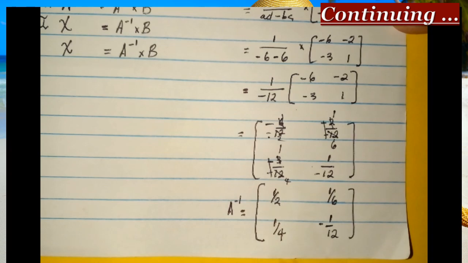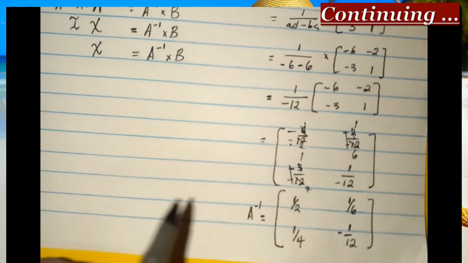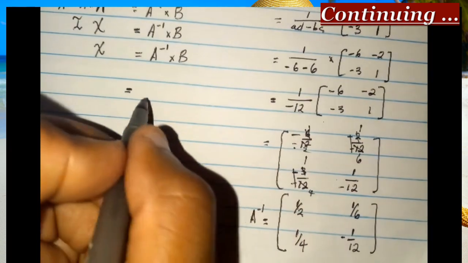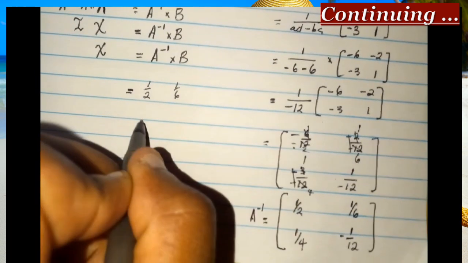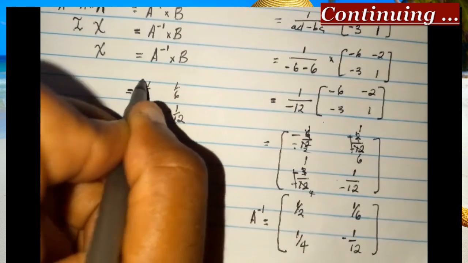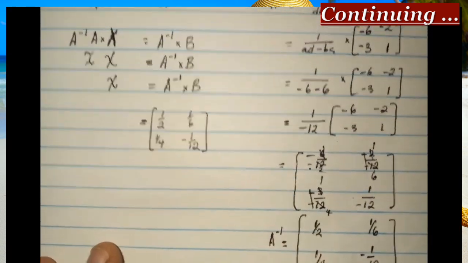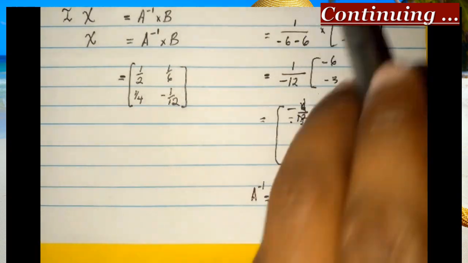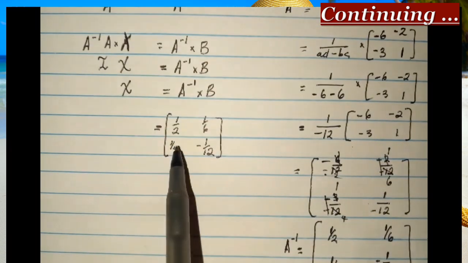So I'm going to take this matrix and place it right here. So the inverse of A is a half, 1/6, a quarter, negative 1/12. That is what the inverse of A is. And I'm multiplying that by my B matrix from before. So notice that I took the A inverse answer from all of here and placed it in my working space here.